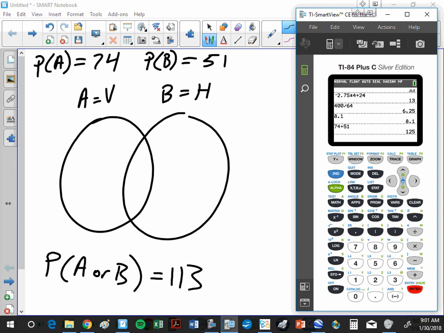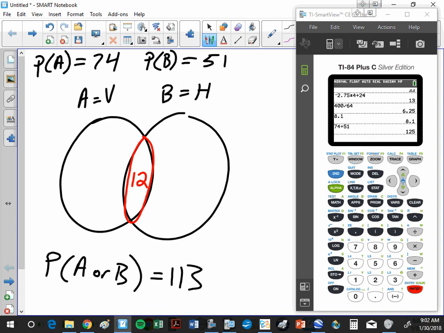So are there any kids that are right here? How do you know? 125 is bigger than 113. Can we figure out exactly how many kids are in there? How? 125 minus 113 would be 12. So this would be 12.